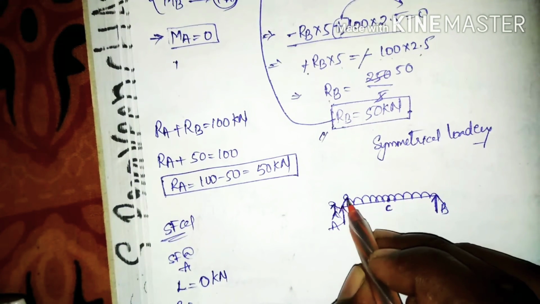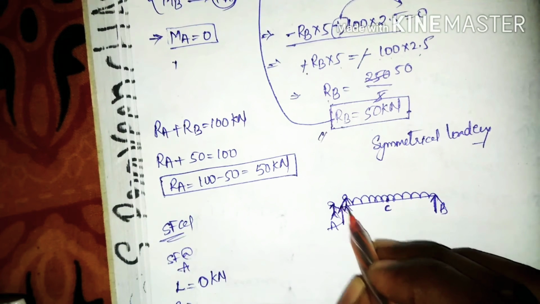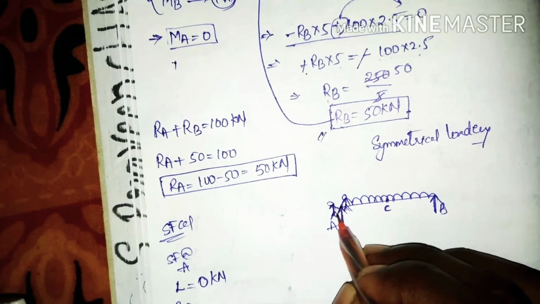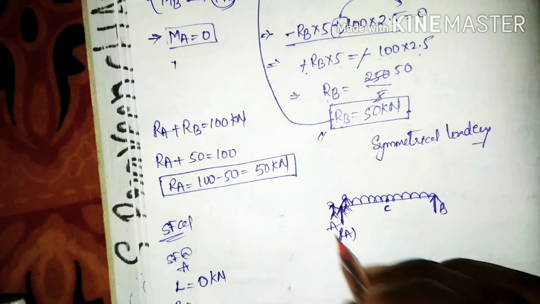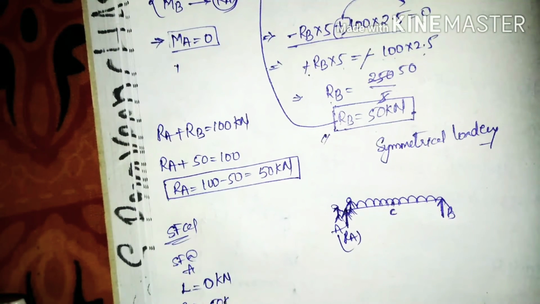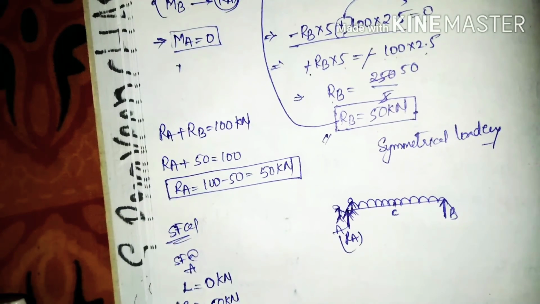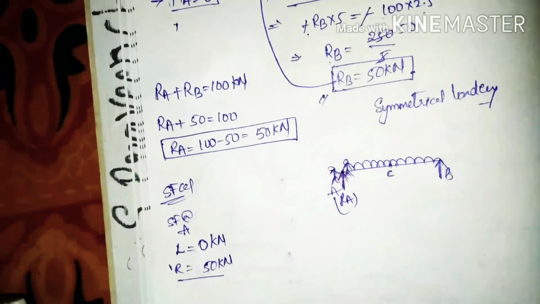Just to the right of A, a reaction of RA is acting upwards, with a value of 50 kilonewtons.